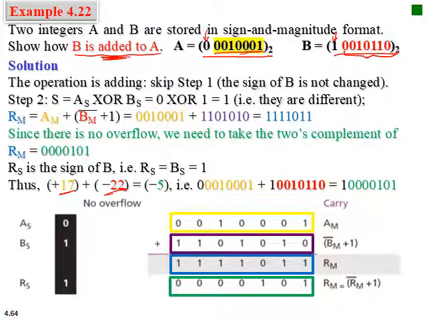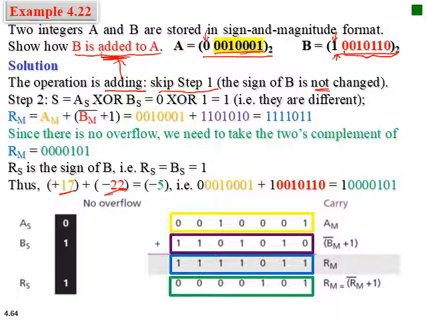The operation is adding, it was given to us over here, so we can skip step 1, because step 1 said if it was subtraction we do something else. But now it's normal adding, so the sign of B is not changed. B's sign remains 1, as you see over there.